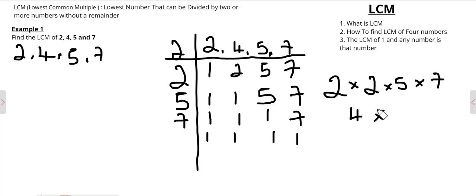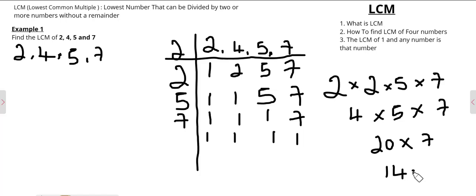So we have 2 times 2 times 5 times 7. So we are going gradually. So here we have 20 times 7. So at the end of the day, our final answer becomes 140.